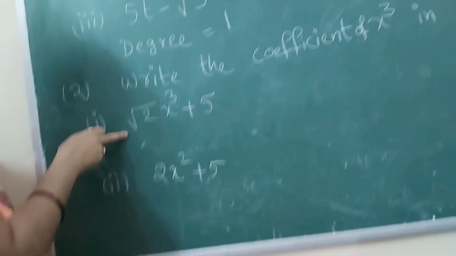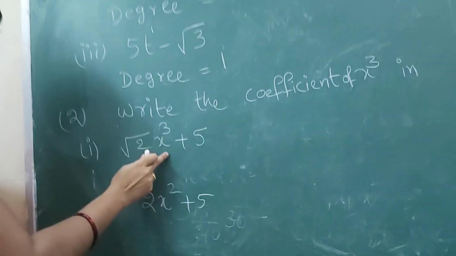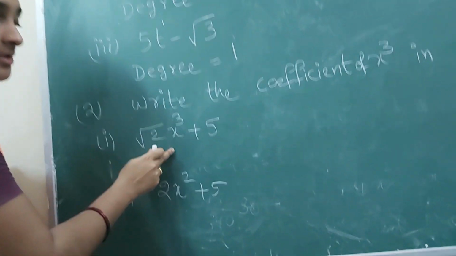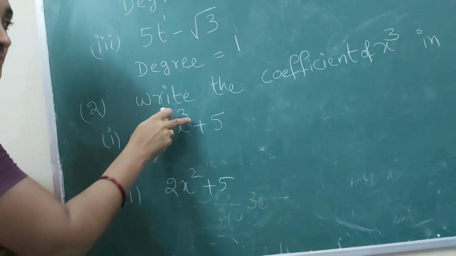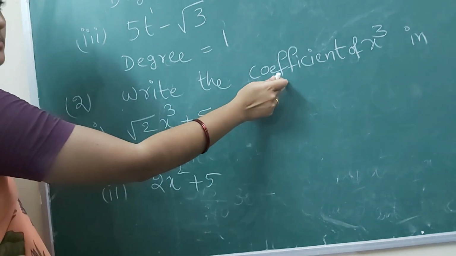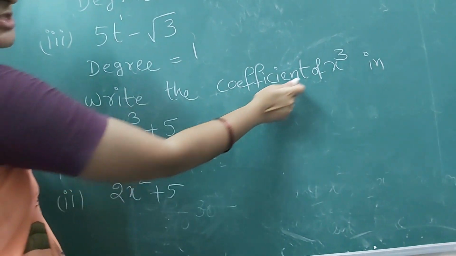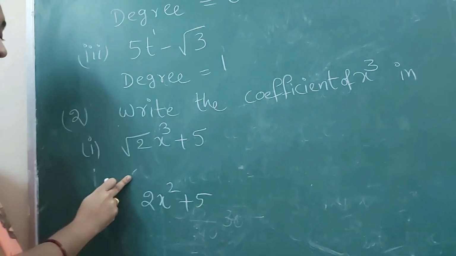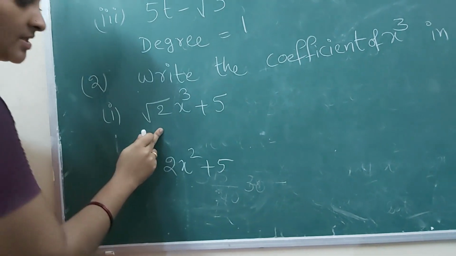So in this first one, root 2 x cube plus 5, the variable is x cube. So its coefficient is root 2. We find the coefficient of x cube. So in this polynomial, x cube coefficient is root 2.